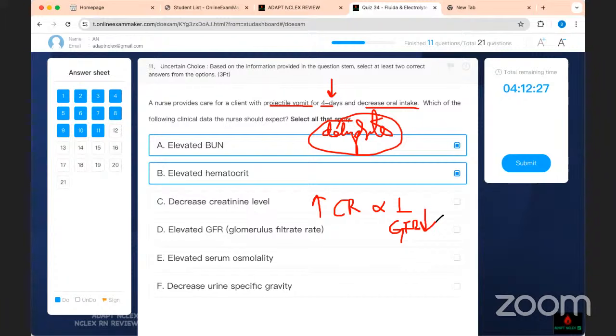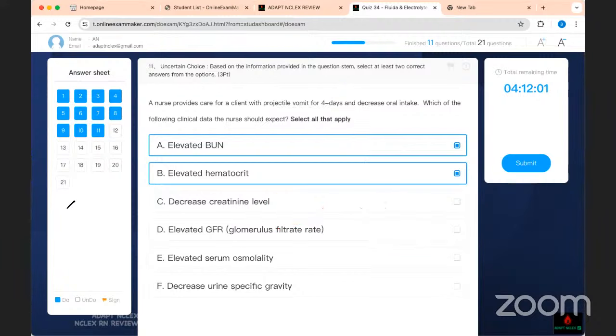A higher GFR means things are good. So when you're dehydrated, things are bad. So your GFR is supposed to go down and your creatinine goes up. So dehydration will cause your creatinine to go up and your GFR to go down. That is the content. So D is wrong.